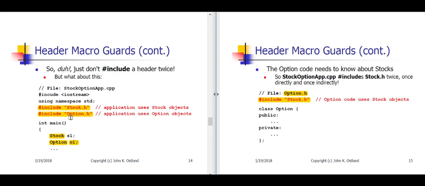So here we have a situation where we're developing an application using stocks, so we include stock.h. That application is also using options, so we include option.h. But options have to know about stocks, and so the option header will also include stock.h. So we have a situation where we've accidentally included stock.h two times, and that's going to give us an error.